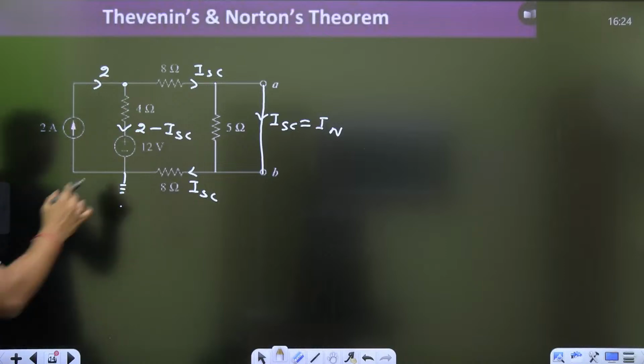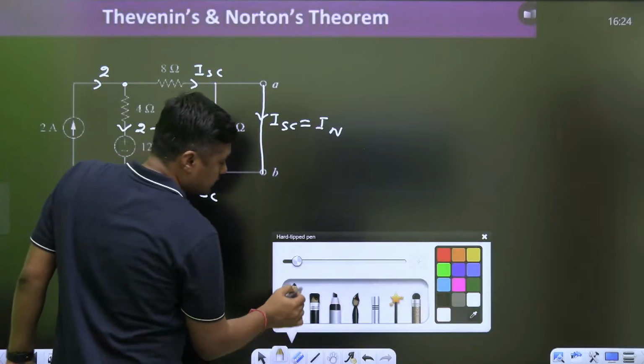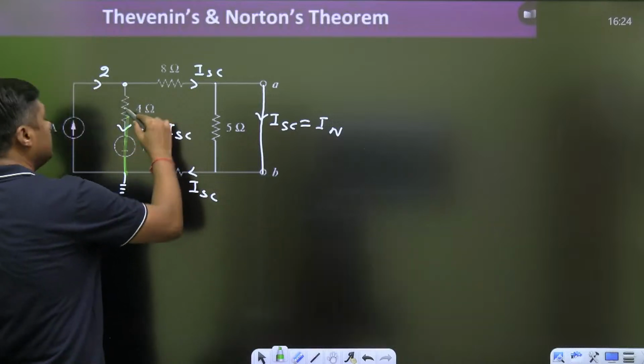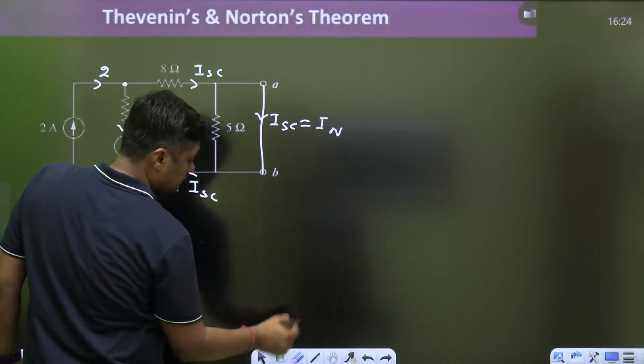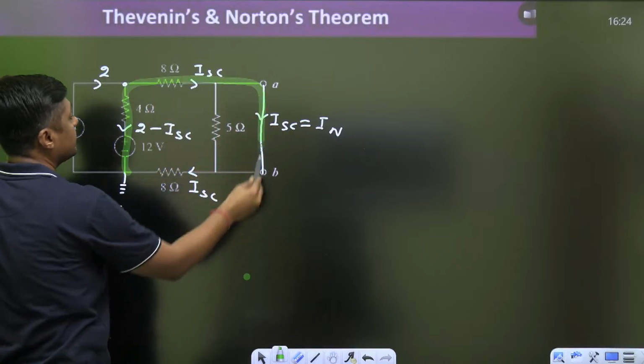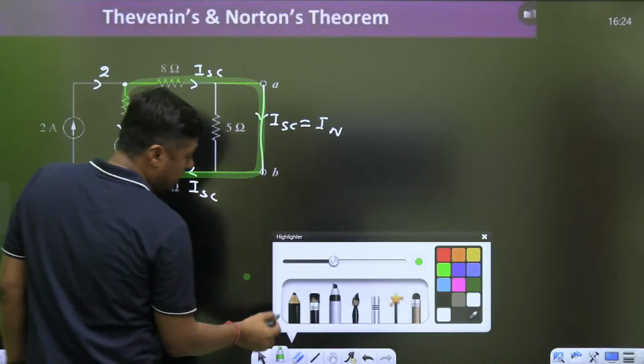Very simple. Write down the KVL from this point, from this side to this side to this side. So what is the KVL here?